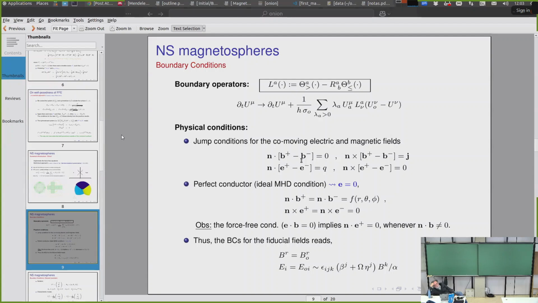But the physical condition there is related to this perfectly conducting surface. So the physical condition we should have is the jump conditions. We know the jump conditions for the co-moving electric and magnetic fields on this perfectly conducting surface.